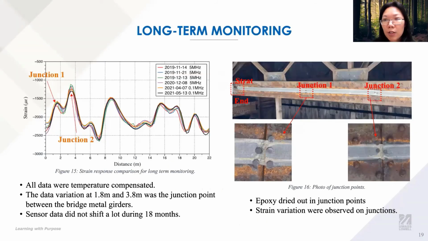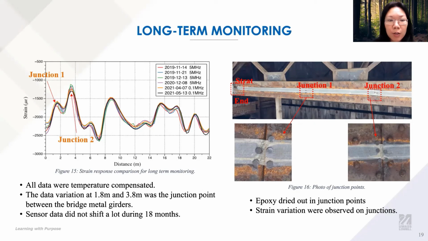After the installation of the sensing textile in 2019, we went back to the bridge to collect data in the winter and also in the summer to see if there's any signal change under different temperature conditions. You can see this is the summary in figure 15. In November, December, April, and May, the signal did not change a lot, which means that the sensing textile survived and is still working after these 18 months.